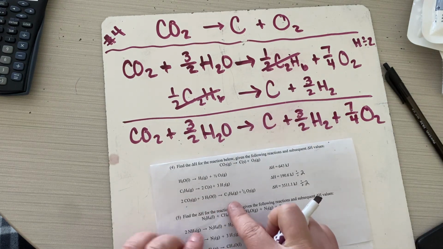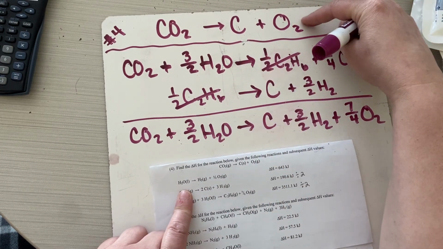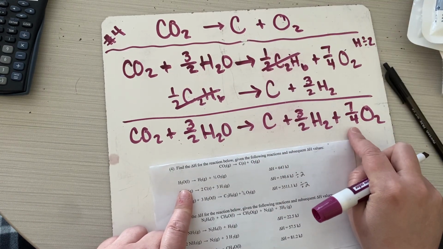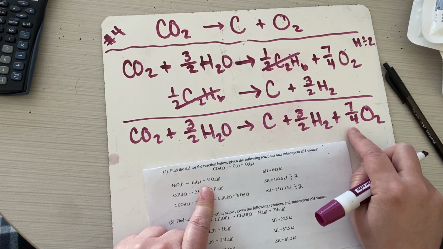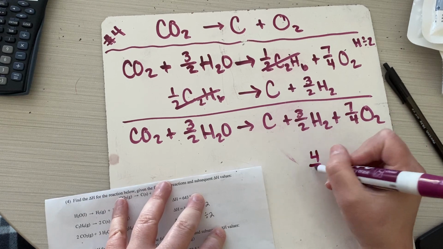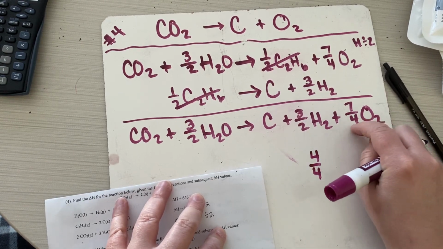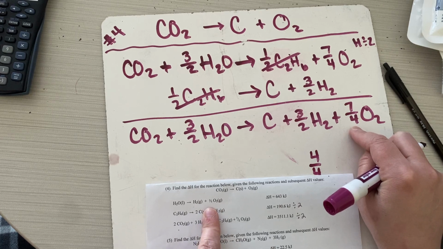Okay. I need O2, but I don't want 7/4 O2. I need 1 O2. So 1 O2 would be 4/4. So I need to get rid of 3/4. So that's going to be a little more complex here.